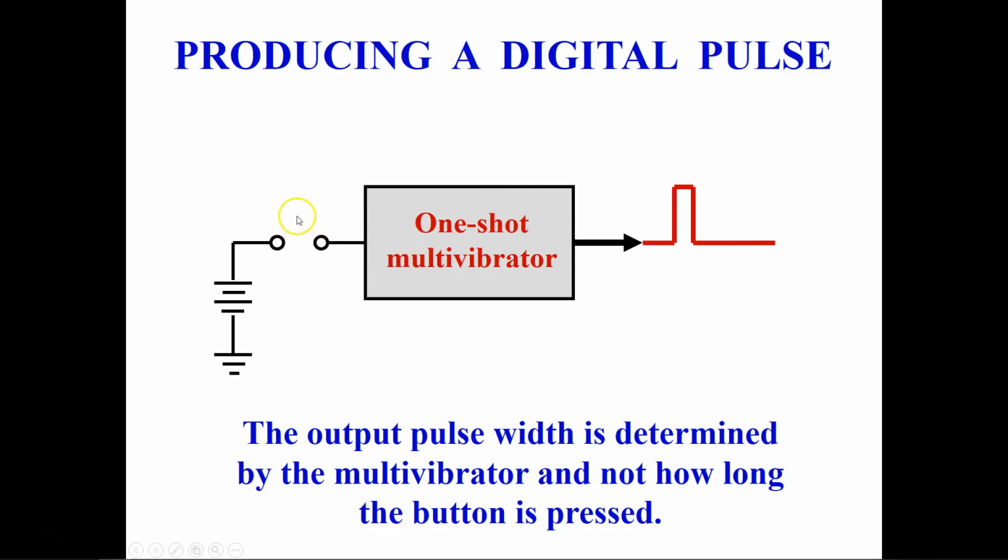As you can see, as the mechanical switch went down, the signal is produced, and the output pulse width is determined by the multivibrator and not by how long the button is pressed.